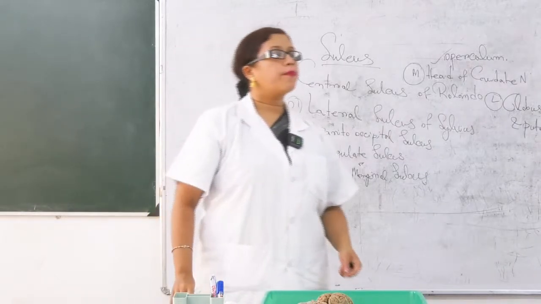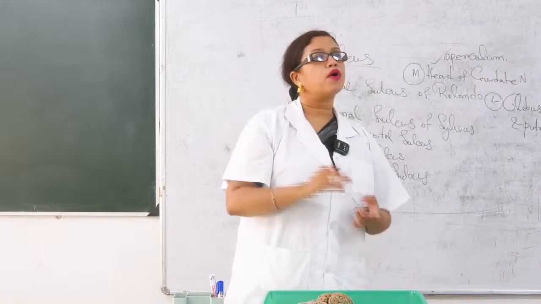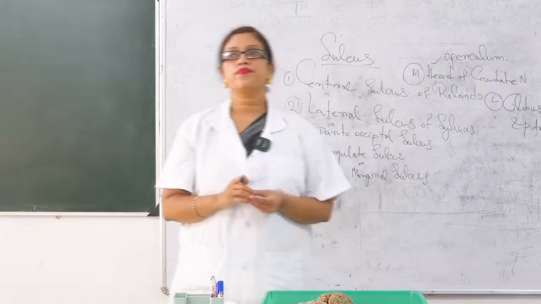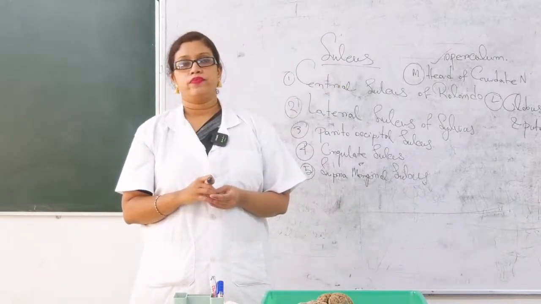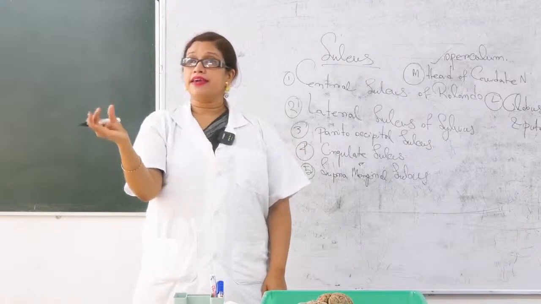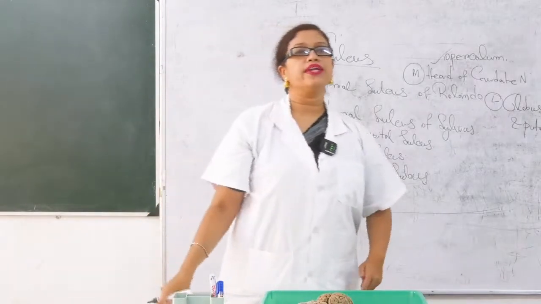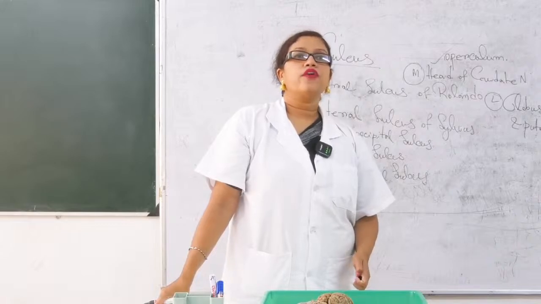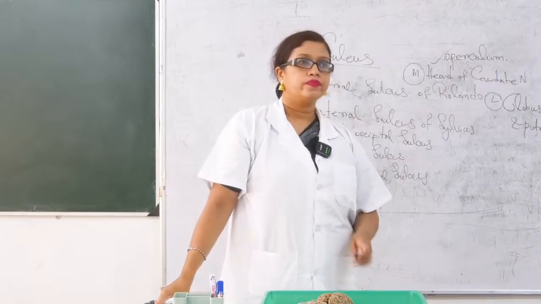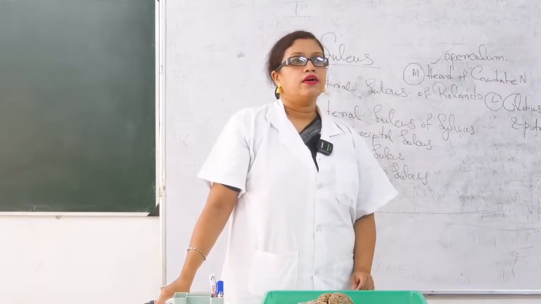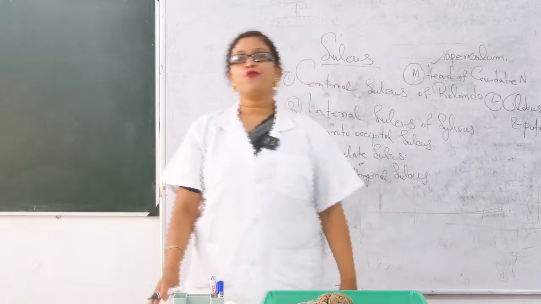Now what is the shape of the corpus callosum? It looks like a C-shaped area. Write down how many parts it has. It has got 4 parts.